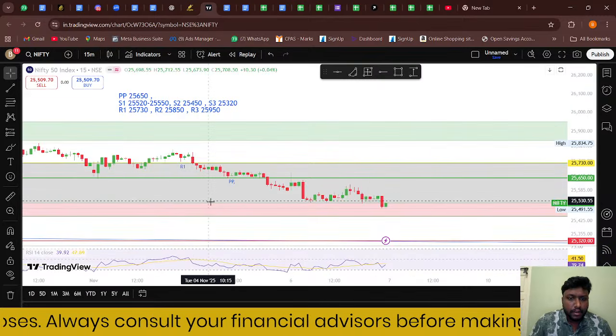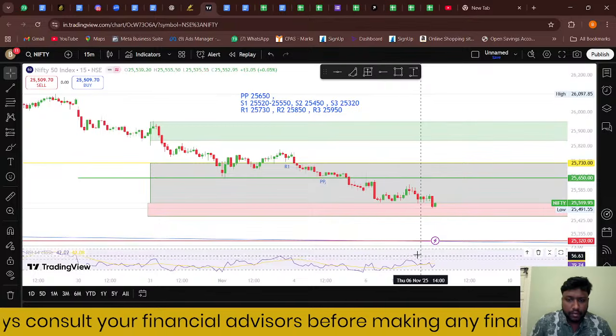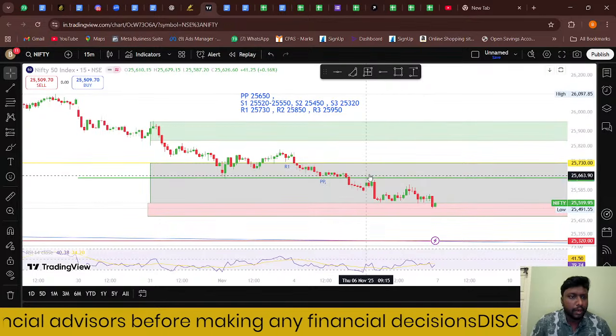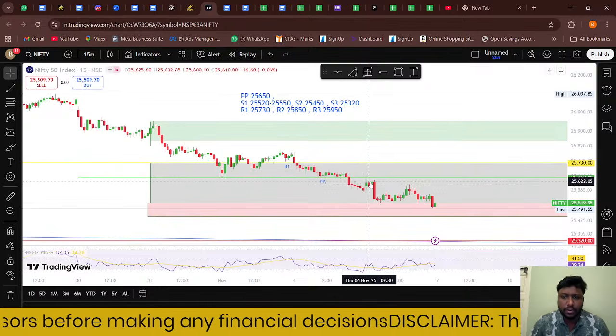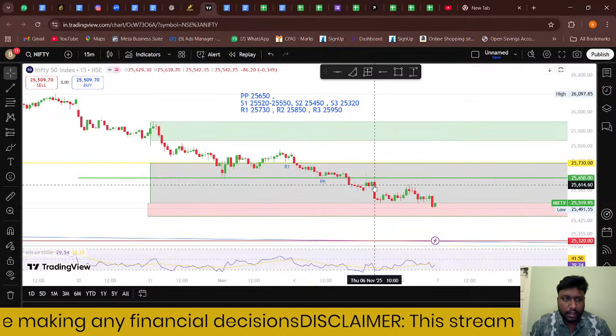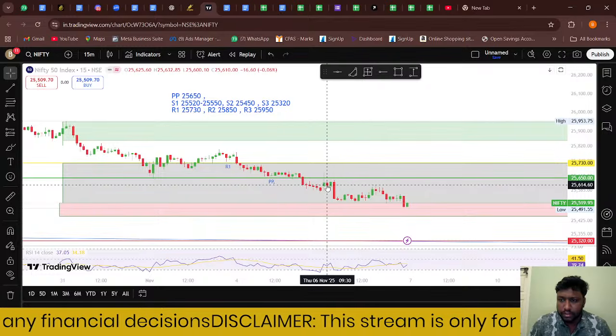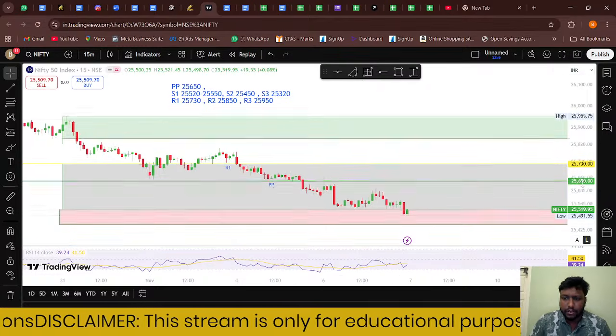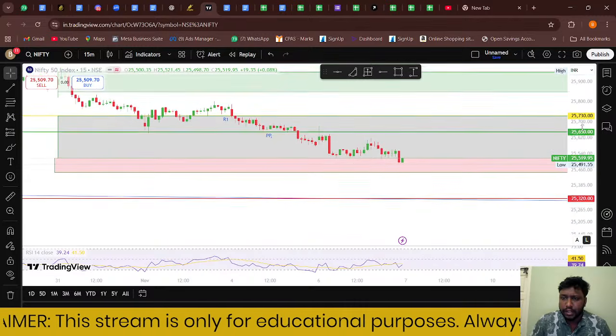If I keep it in 15 minutes, you can see in the first 15-minute candle it came up above and reversed. From that it consolidated a little bit over this 25,600 level. Then it gradually came down to our S2, even though the movement was completely sideways yesterday.